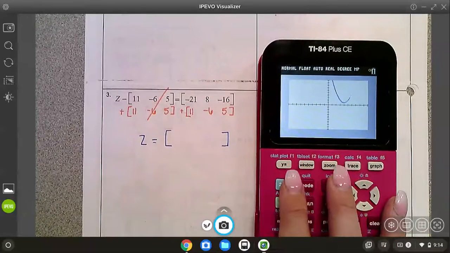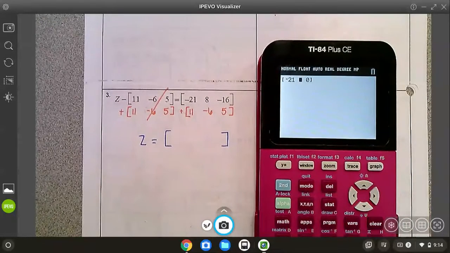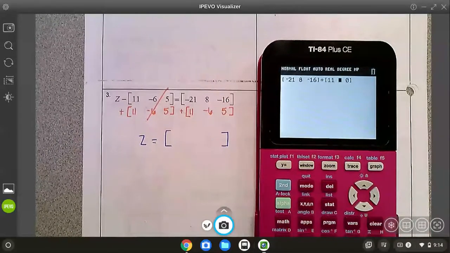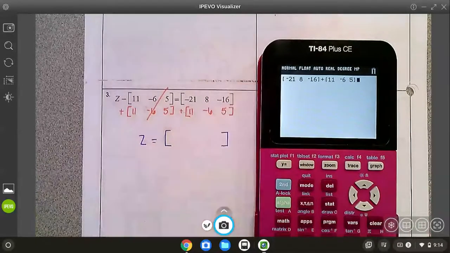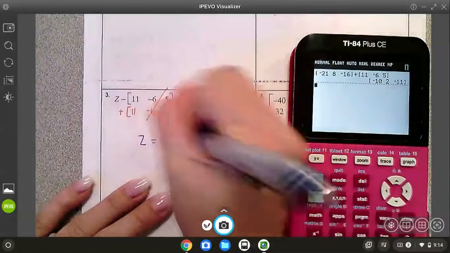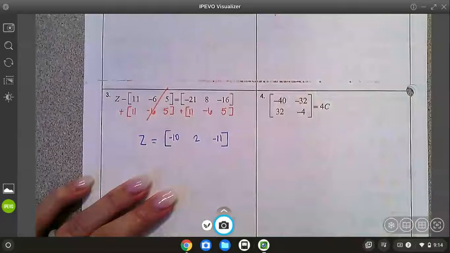Well, rats. So I just added those in my calculator. Or you could add up the numbers separately, whichever you prefer. And we get negative 10, 2, negative 11.